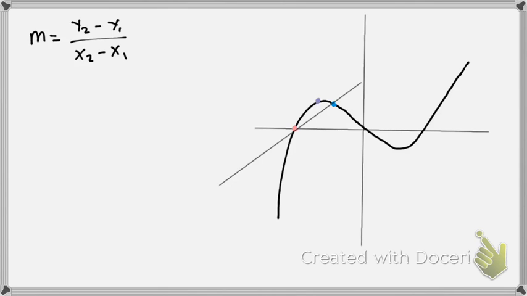Let's draw another line connecting these two points. As you see, the closer and closer we get to this point, the more accurate this slope becomes. We keep getting closer and closer until we get so close that it's actually going to be the same.